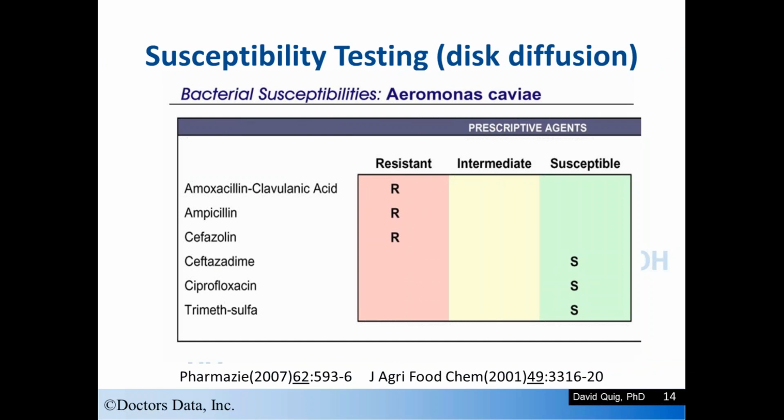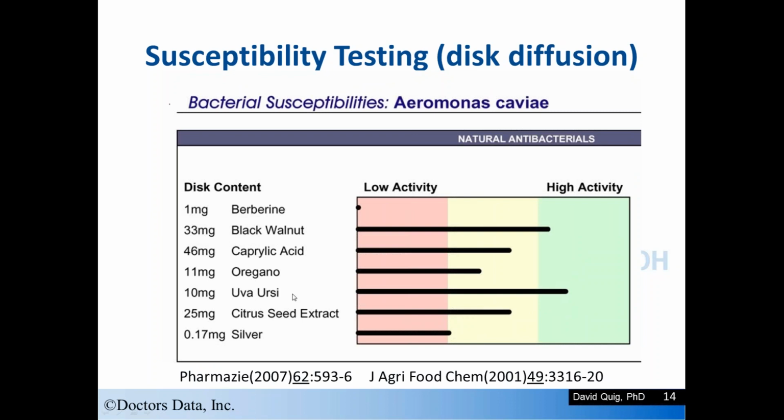We happen to use the highly standardized disk diffusion method. So every patient's dysbiotic bacteria is tested for its resistance to a host of pharmaceutical agents, as well as to a host of natural antimicrobial agents to help guide clinicians in their treatment. There's no shooting in the dark. It's not very effective.